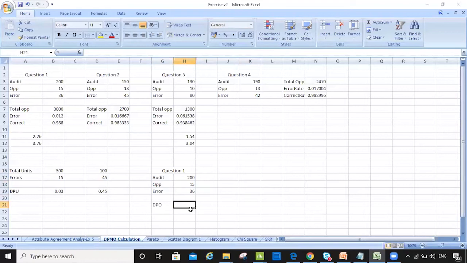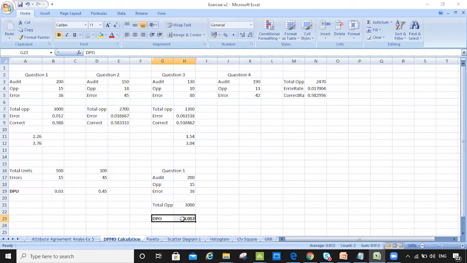The total opportunity is the total samples, which is 200, multiplied by the opportunities, so the total opportunities is 3000, and the error is 36 that we already see. The formula for DPO is errors divided by total opportunities, which is 0.012.